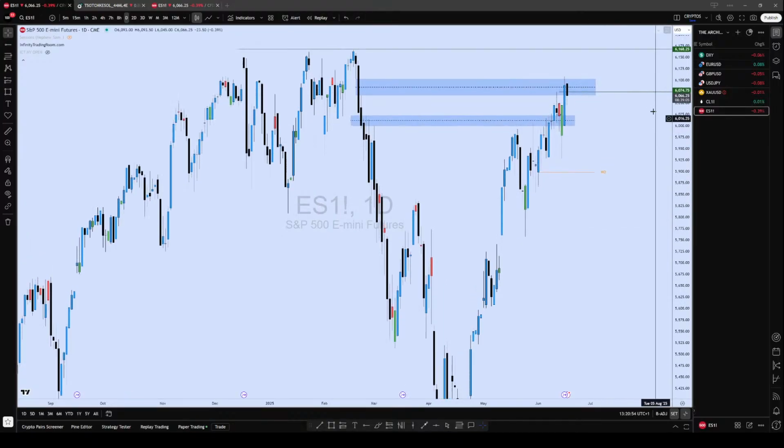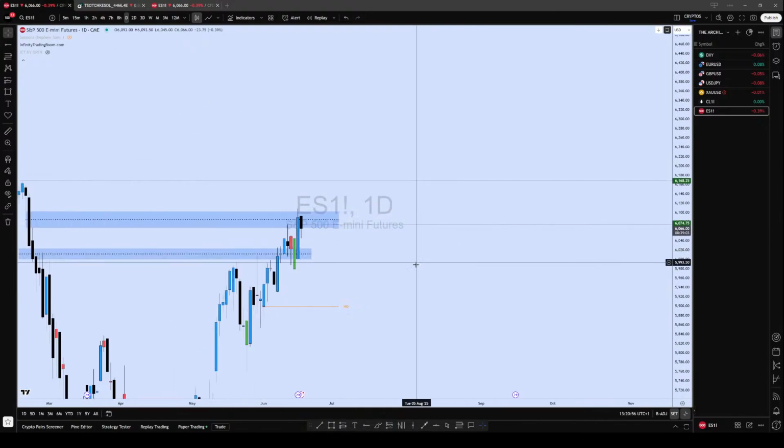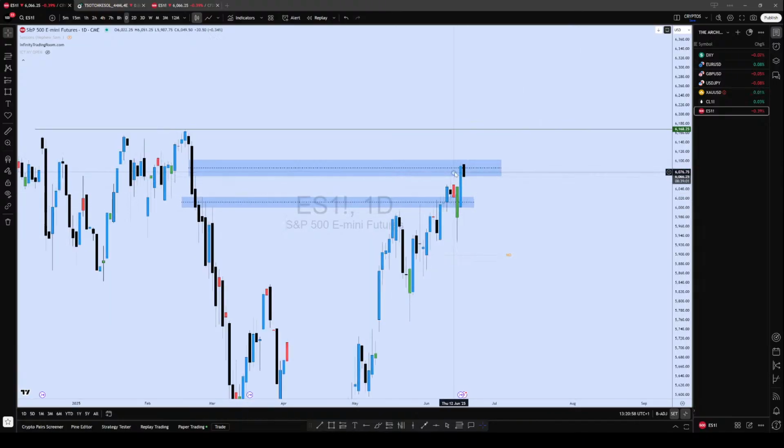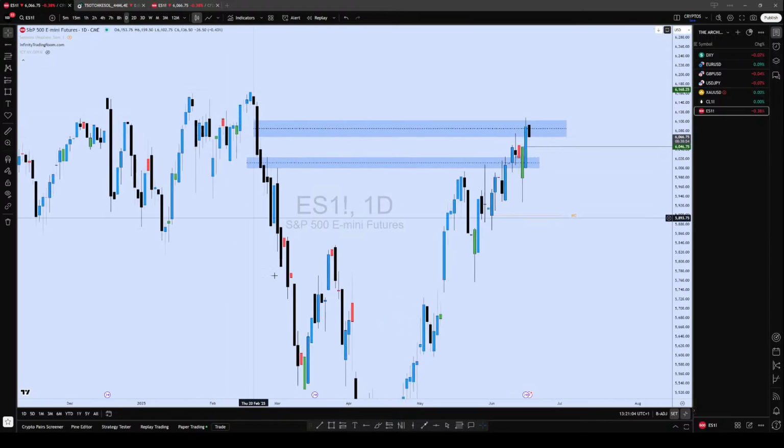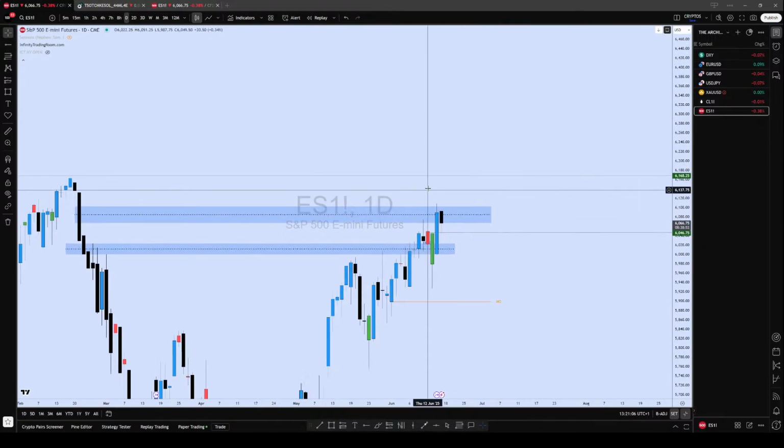All right. But the best thing to do if you want to trade it is to buy it. Why? Because the current flow, even though this happened, the current flow is to the upside. So the best thing to do, especially with this down candle here, is to buy it.